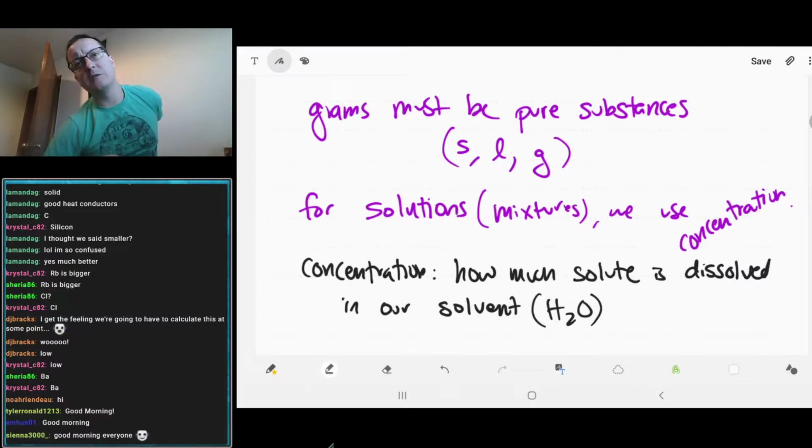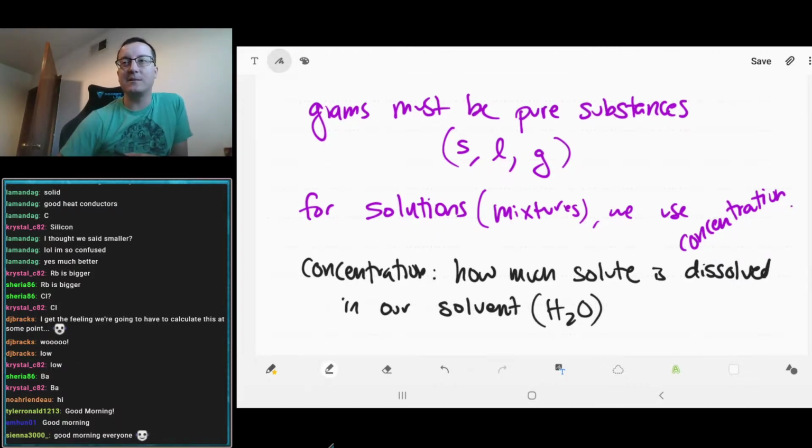Did we talk about solute, solvent? Hopefully those are familiar terms anyway, but solute is the thing that's being dissolved, and the solvent is the thing that dissolves it. For us, water will be our solvent pretty much all the time, and the solute will be various salts or acids or whatever ionic compounds we're dealing with that are being dissolved. Those are solutes.